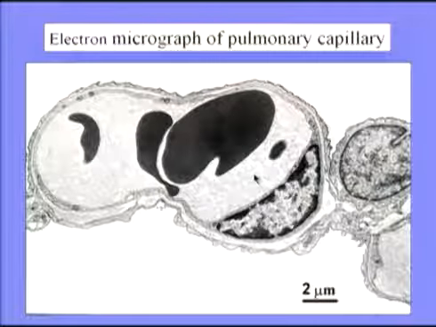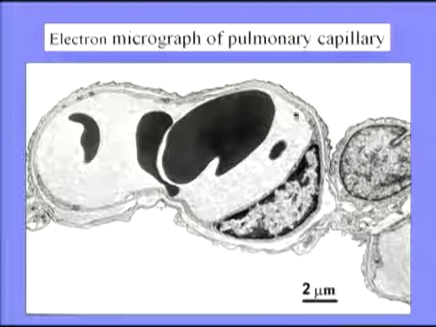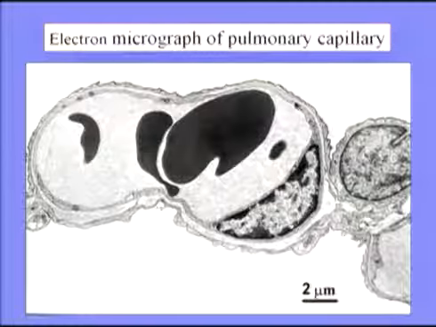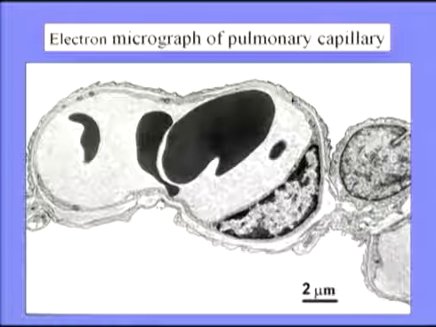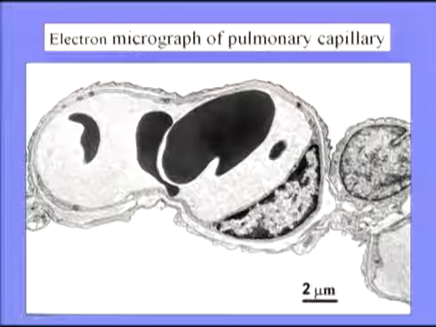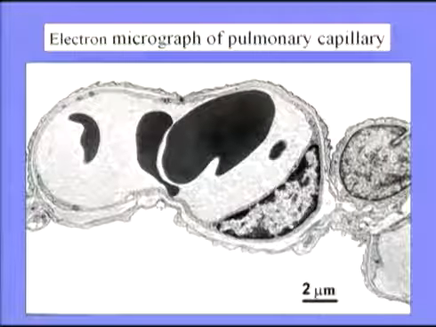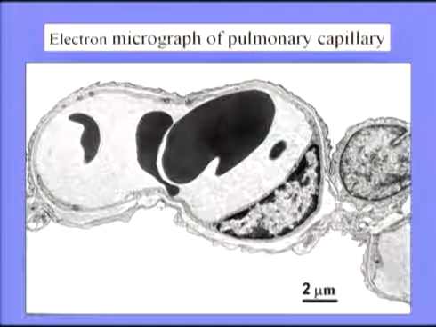And between those two cellular layers, we have the extracellular matrix, or it can be called the interstitium, which on the thin side is made up of the fused basement membranes of the epithelial cell and the endothelial cell.